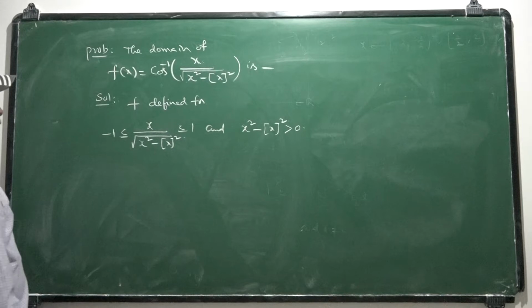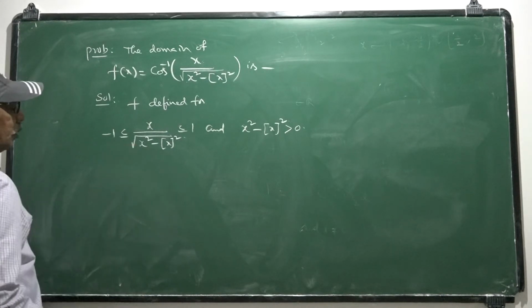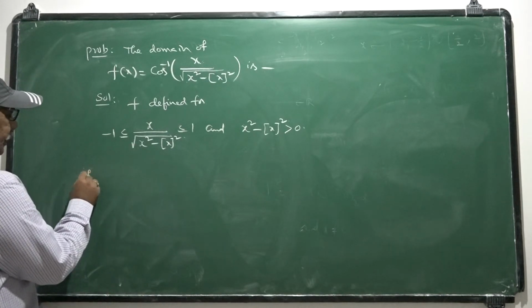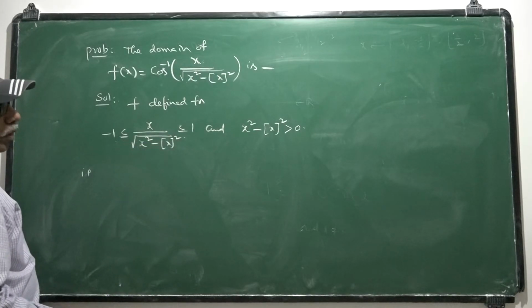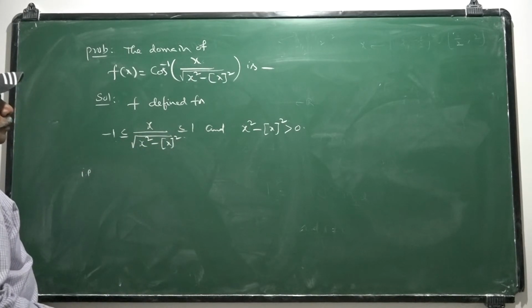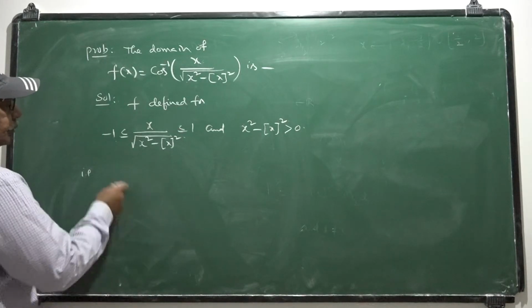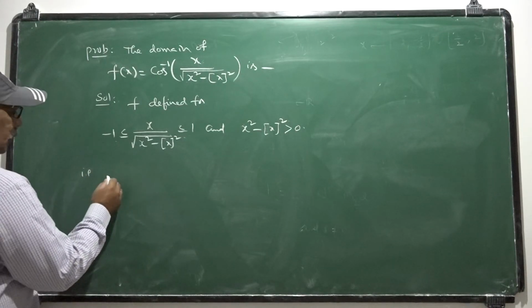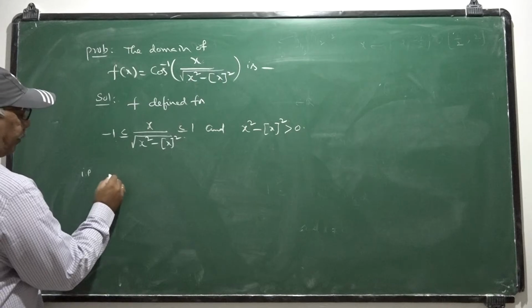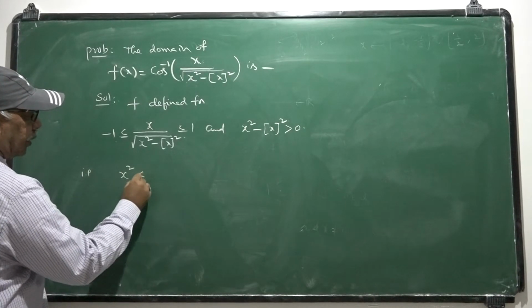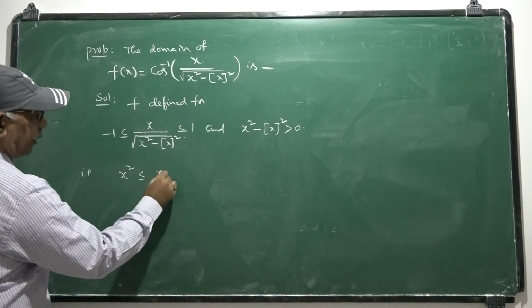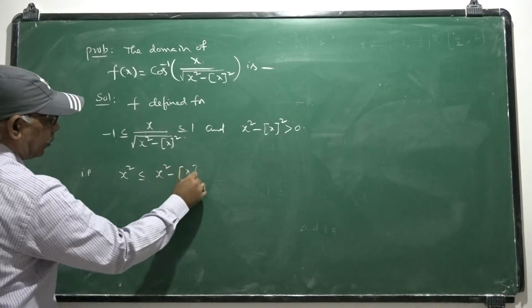Now we will evaluate this one. That is taking cross multiplication and squaring on both sides. This is x square less than or equal to x square minus step x whole square.